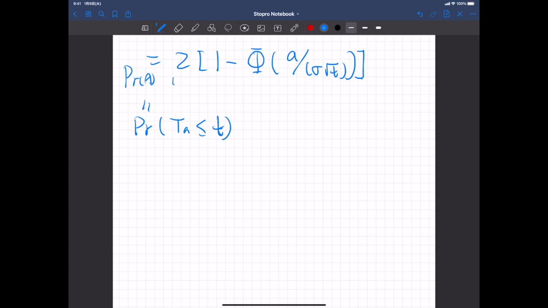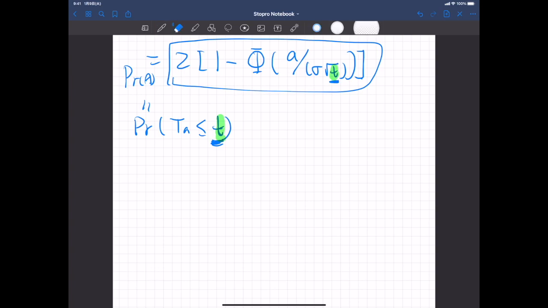So if we look at this result as a function of t, okay, here we have t here, then this gives us the cumulative distribution function of this first passage time.